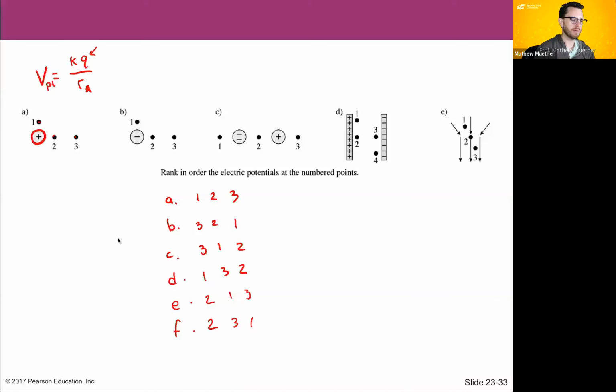It's going to decrease. So the smallest one is going to be 3. What about 1 and 2? How do they compare? Well, they're both the same distance away from this charge, so they're actually equivalent to one another. So you could have said 1, 2, 3, or you could have said 2, 1, 3 in this example, and you would be right.